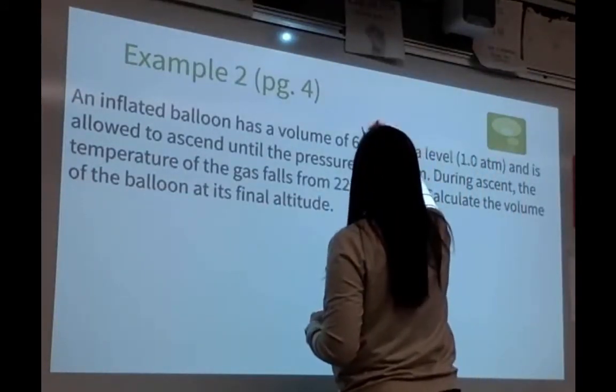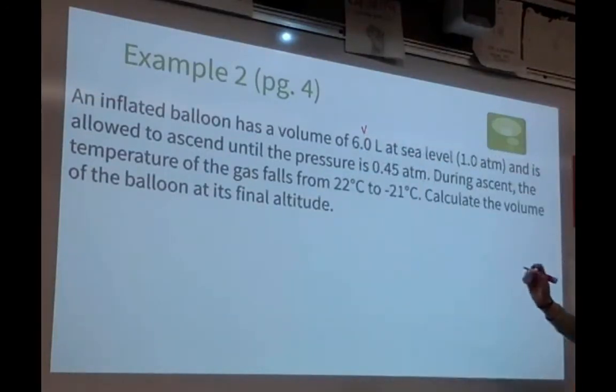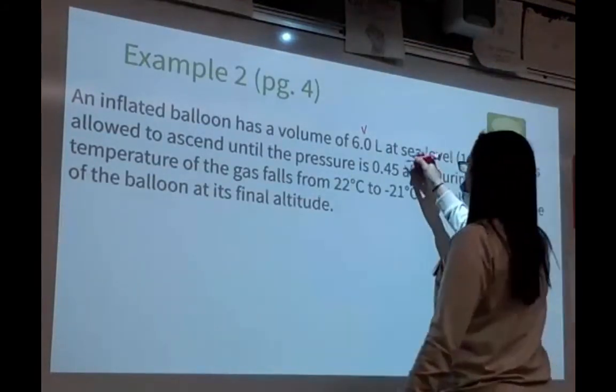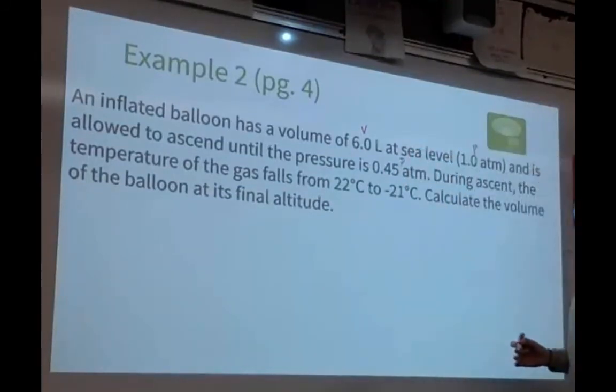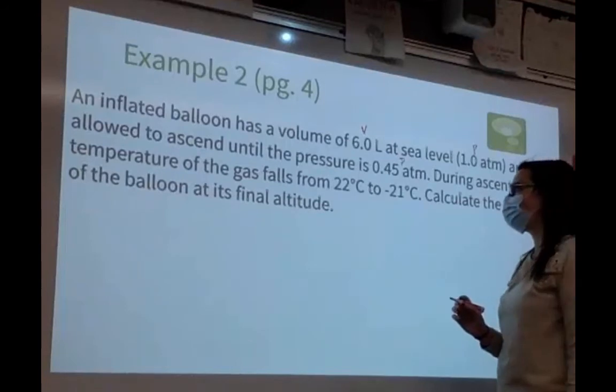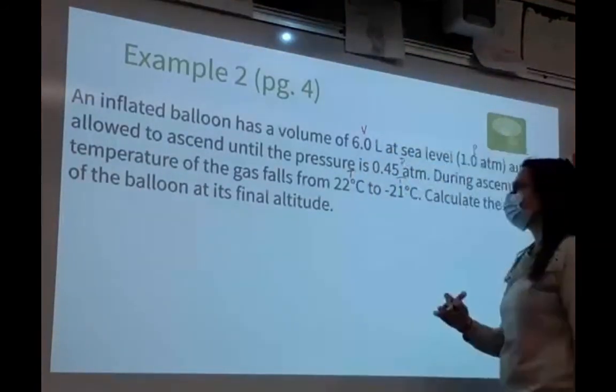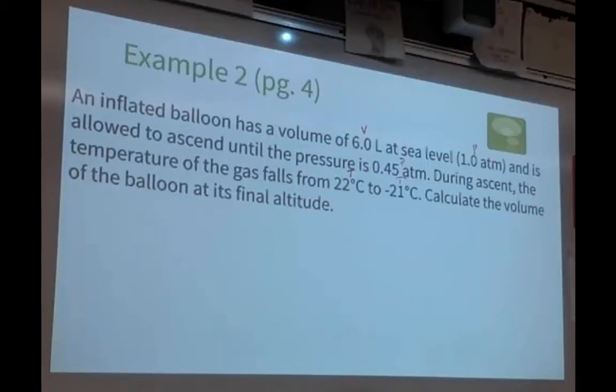So, volume. At sea level, which is 1 atm, so there's a pressure. It's allowed to ascend until the pressure is 0.45 atm. There's another pressure. During ascent, the temperature of the gas falls from 22 degrees Celsius to negative 21. Temperatures. Calculate the volume of the balloon at its final altitude.